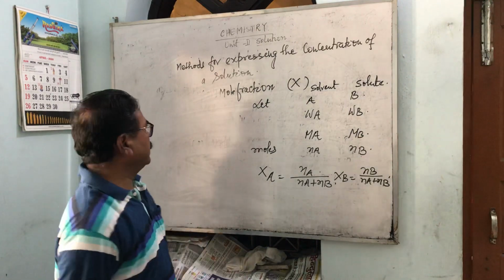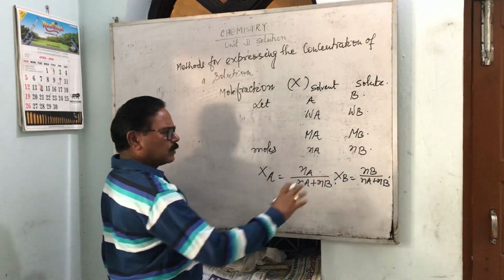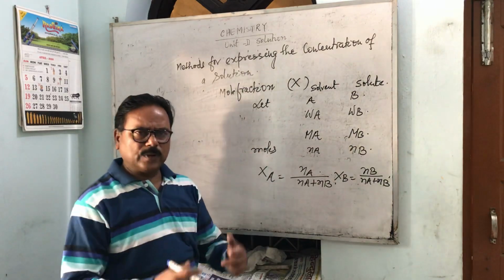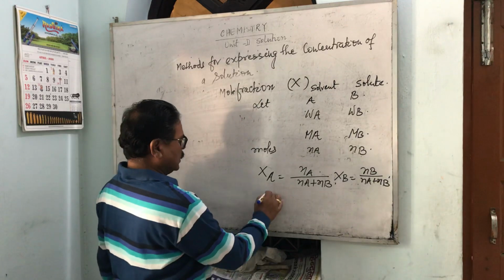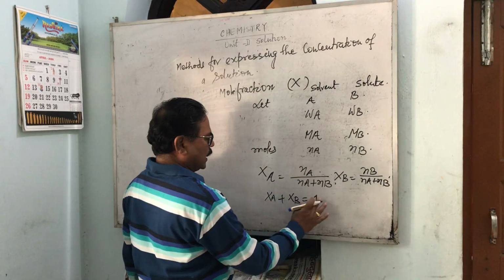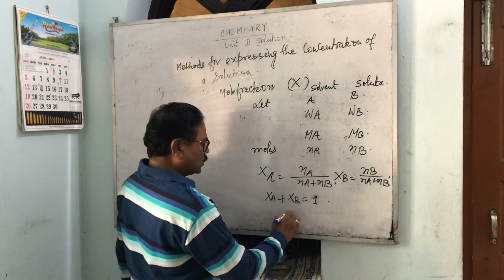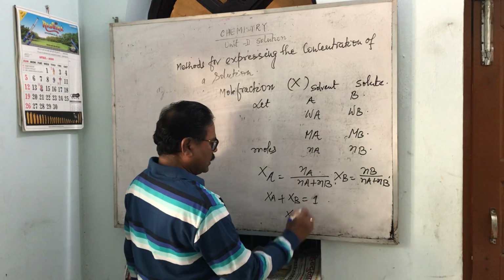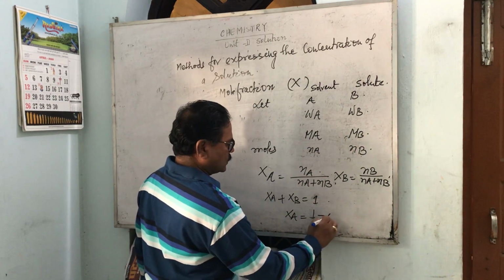Suppose there are many components. Then what is the sum of the mole fractions of all components? XA plus XB, if we sum up, comes to be 1. So XA is equal to 1 minus XB.